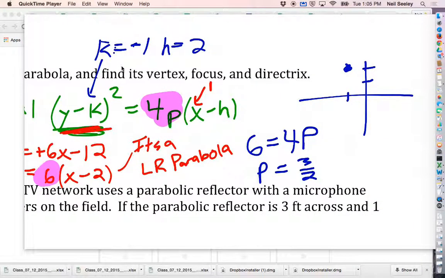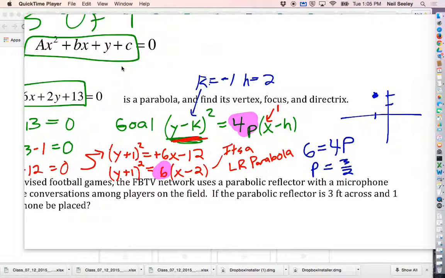It opens left and right. Is there an indicator of left or right? Which way does it open? And how do you know? Oh, minus 2. Never mind. I'm just giving it so you can see everything. Wouldn't h be -2? That's a good question. Given the format, I'm going to highlight some stuff here, and do it in yellow. If you look at x minus h, h is the x coordinate of the vertex. So if I go down here and see x minus 2, that means h is a positive 2.